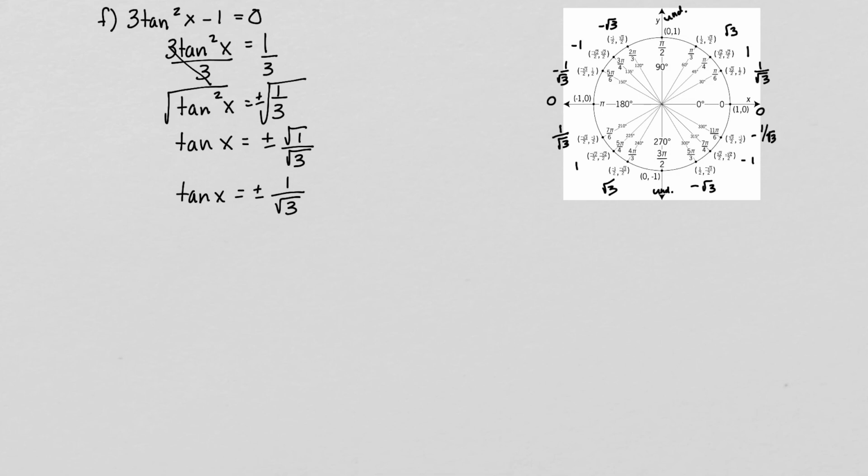Okay, so now that I did all that for us, where is the tangent equal to positive 1 over root 3 or negative 1 over root 3? So Liana said pi over 6. So yep, that's definitely one of them. Where else?